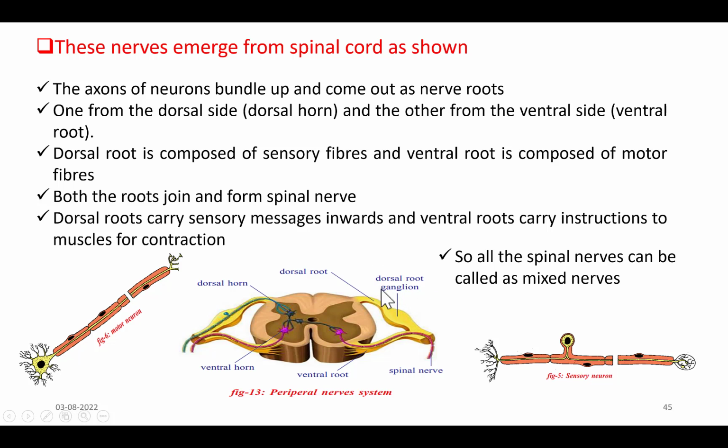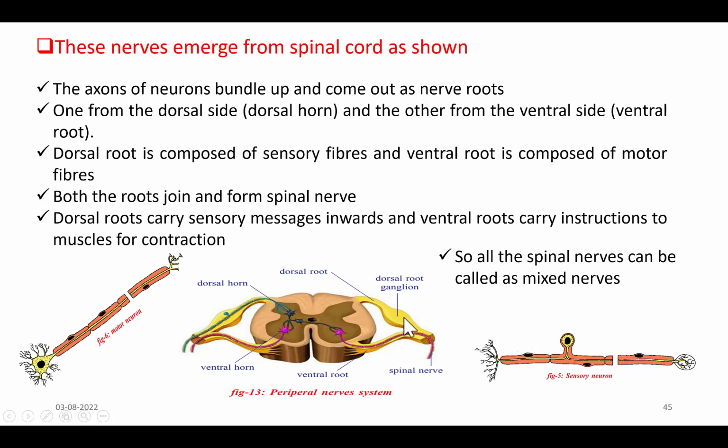Now let us know about this bump over here. This bump is called the dorsal root ganglion. I told you already that ganglion means a cluster of cell bodies, a group of cell bodies, right? So we have a group of cell bodies over here, and we know that the dorsal root has what fibers? Sensory fibers, meaning sensory neurons. So see the structure of a sensory neuron. It has one cell body and two axons.